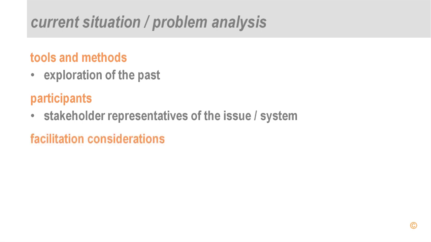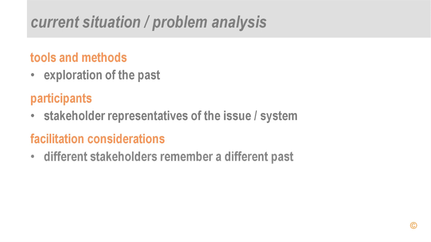What a facilitator needs to remember about exploring the past is that different stakeholders remember the past differently and remember different parts of the past. So one needs a lot of contributions to start approximating the truth.